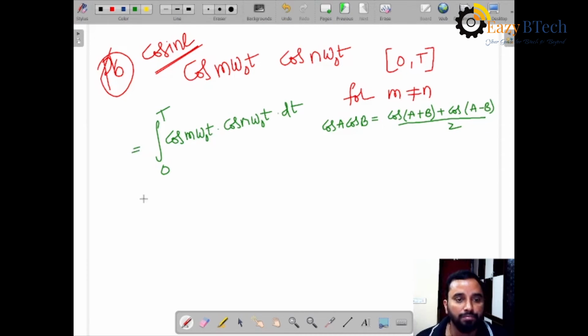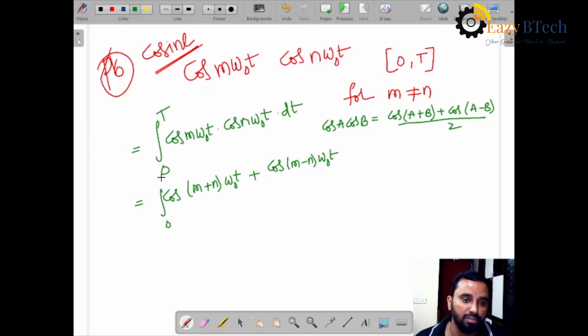So this will become cos (m plus n) omega naught t plus cos (m minus n) omega naught t, by 2. I am writing the 1 by 2 outside.